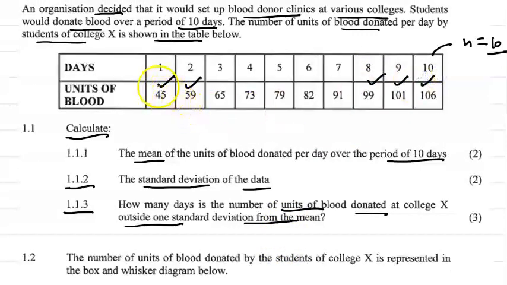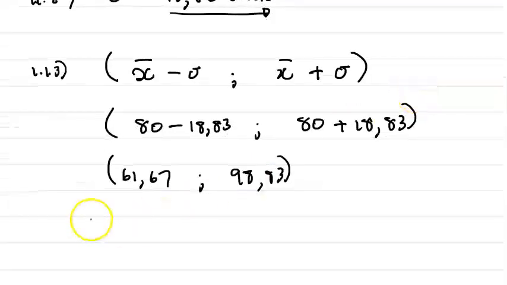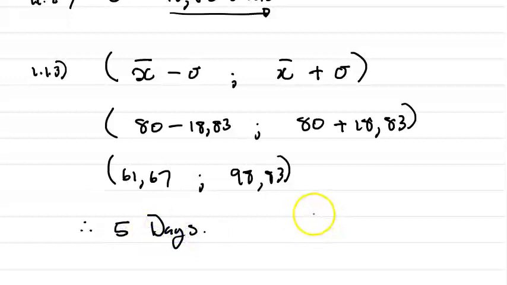So if we count the number of days, because it says how many days is the number of units of blood donated at college X outside of 1 standard deviation, that will be 1, 2, 3, 4, 5 days. So the answer is therefore 5 days. And that's our solution.